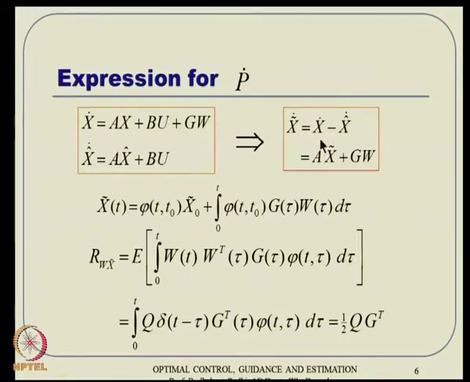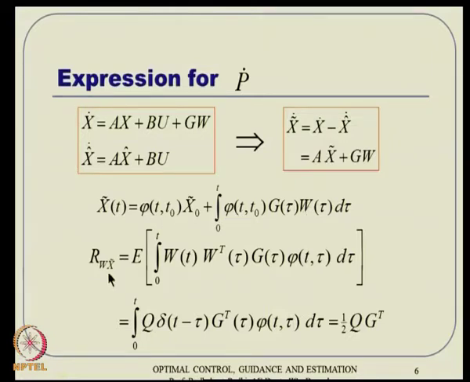The rest of the terms become A times x minus x hat, which is A times x tilde, plus G times w. Again, this is a time varying input. We can solve for x tilde of t using this, but remember these are all time varying systems, so we cannot use the exponential term, but we can always use the state transition matrix. So, the state transition matrix phi t t naught, you put it back here and then get a solution for that.